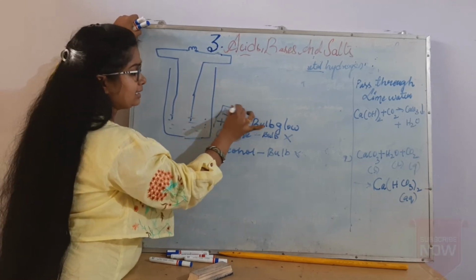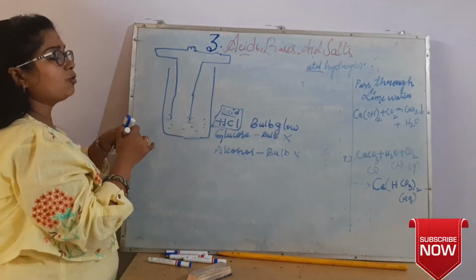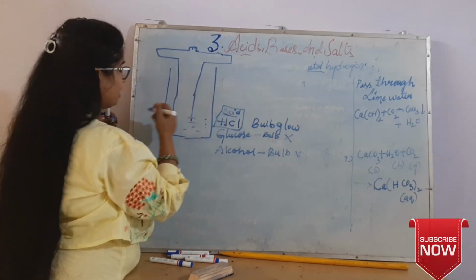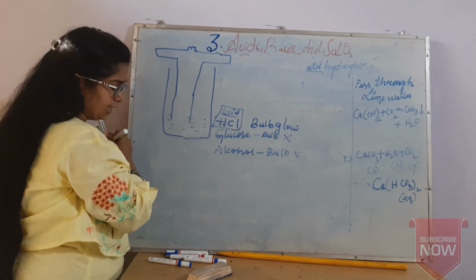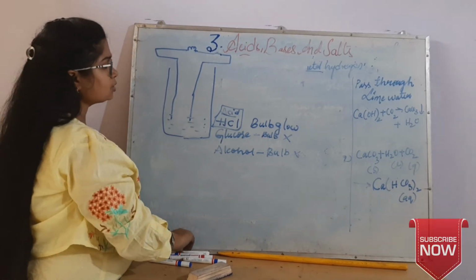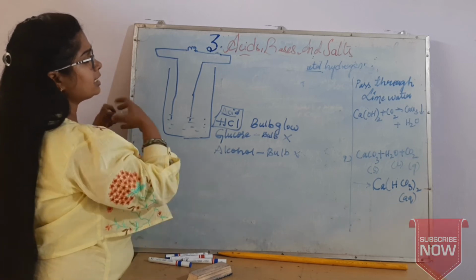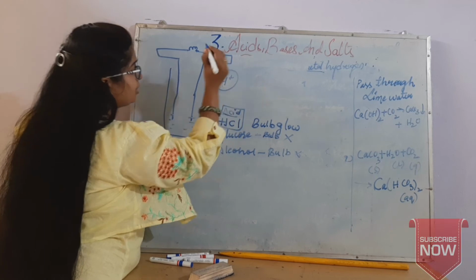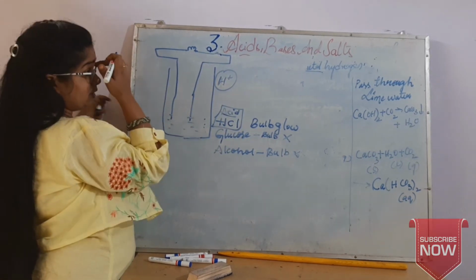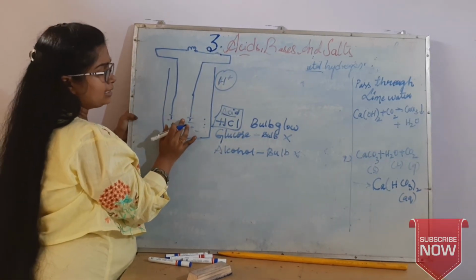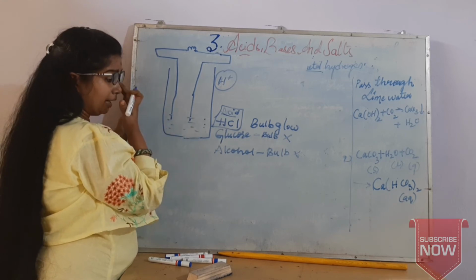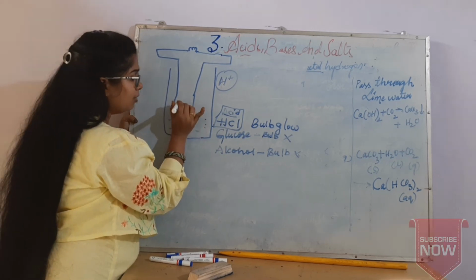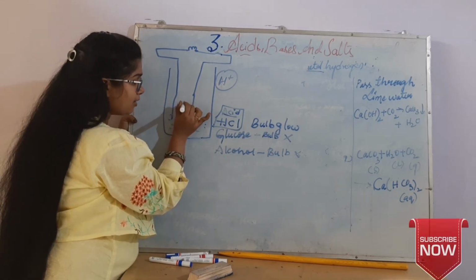In acids, ions are splitting out. What are those ions? Those ions are H plus ions. In the electrolysis process, when an acid is added to water, it will split and H plus ions will come out.